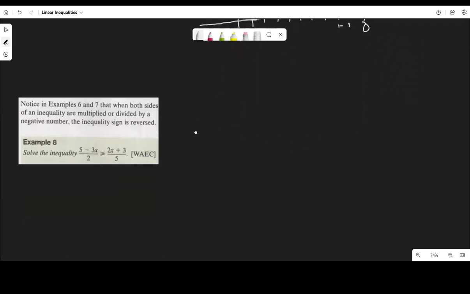In example 8, which is a WAEC past question, we have the inequality 5 minus 3x over 2 greater or equal to 2x plus 3 over 5. And this is a fraction. I would need to clear the fraction by multiplying each term of this inequality by the LCM of 2 and 5.